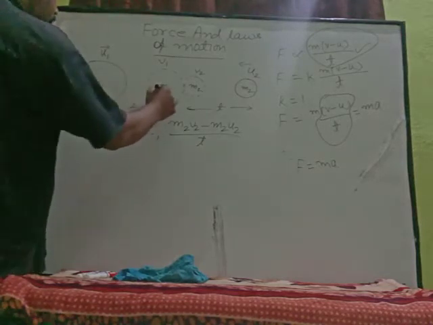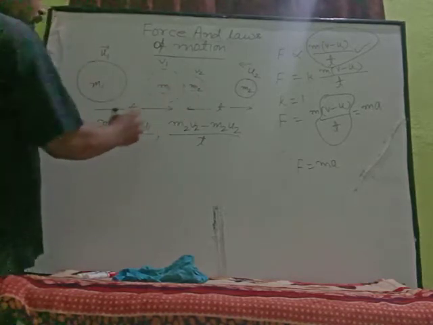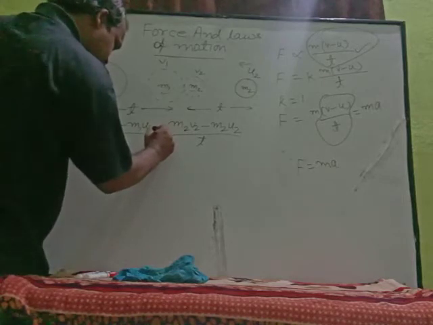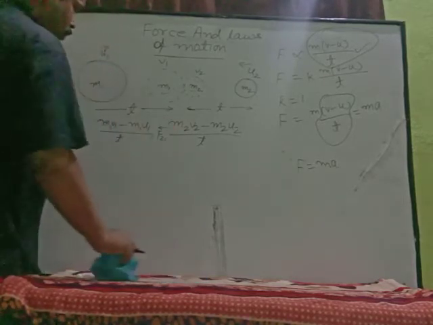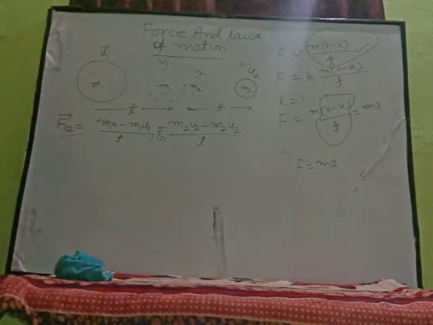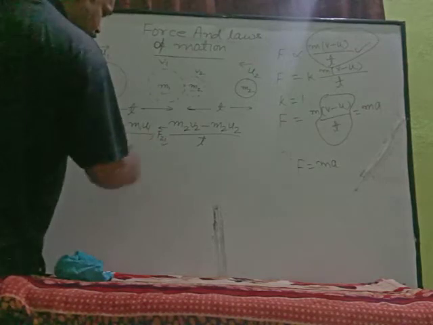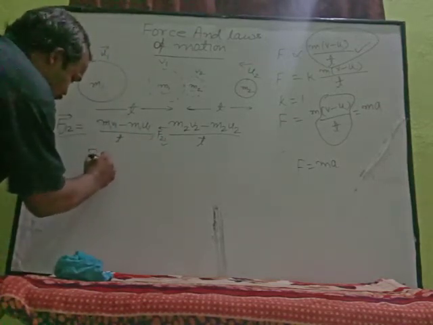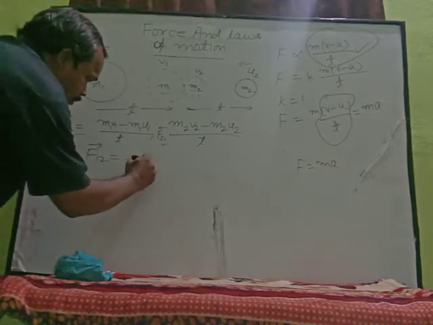Force exerted by body 1 on body 2 is F12, and here it is F21. According to third law, these two forces should be equal and opposite. Means to say that F12 should be equal to minus F21.